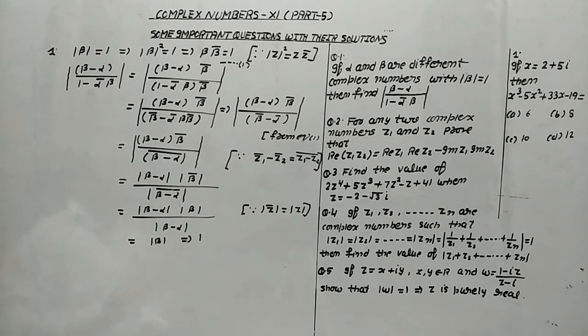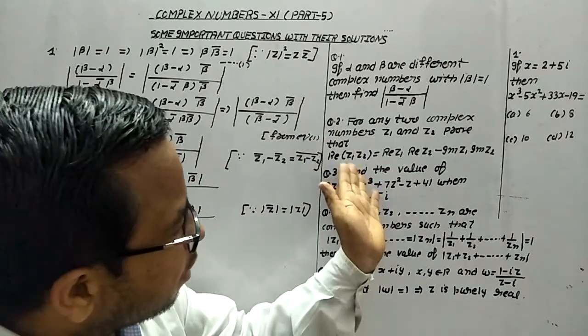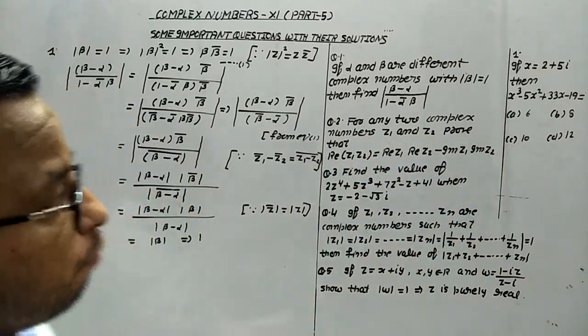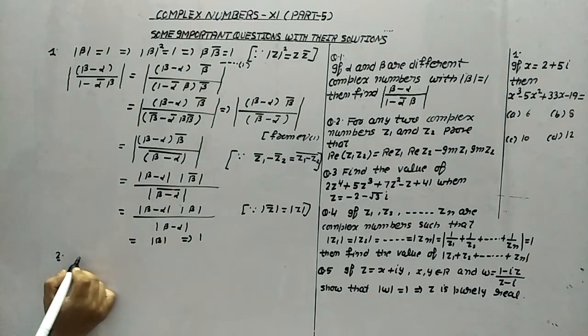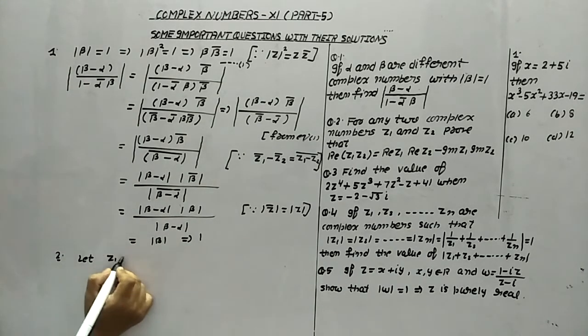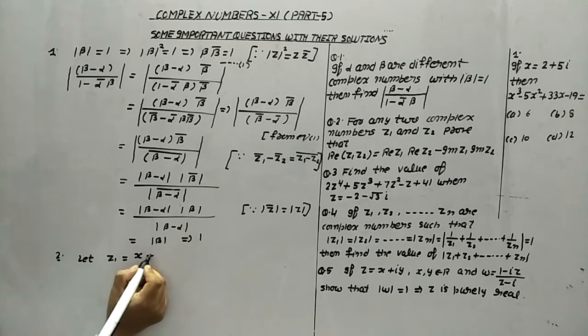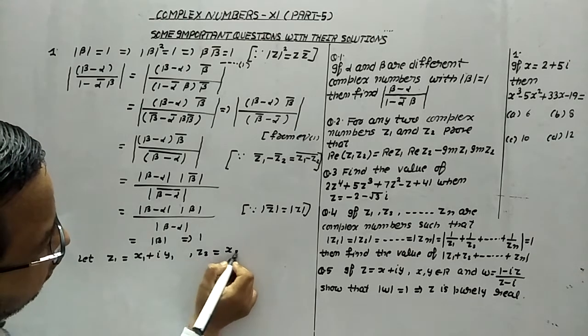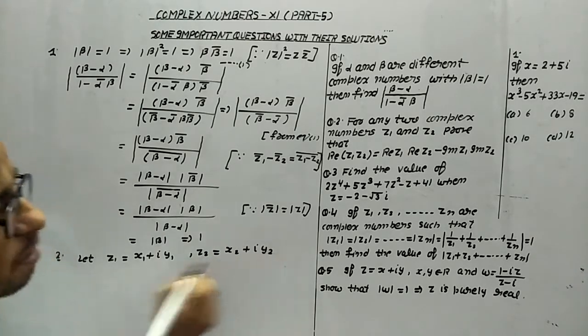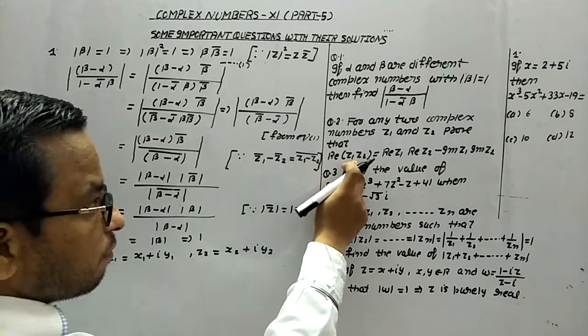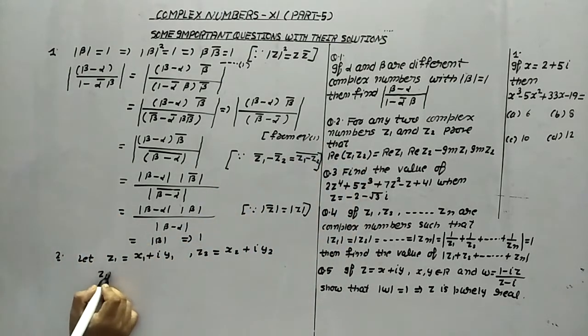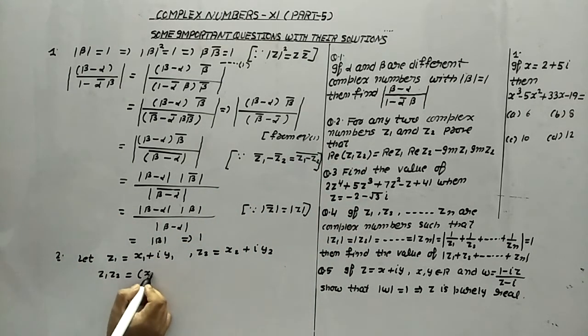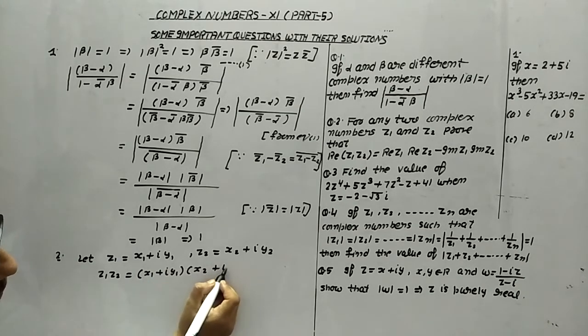Now question number 2, we have to prove that real of z1 z2 is equal to this. For this, first of all, we say let z1 is equal to x1 plus iy1, and z2 is equal to x2 plus iy2 be the two complex numbers. Now we want real of z1 z2. First of all, we find the multiplication z1 z2: (x1 plus iy1) times (x2 plus iy2).